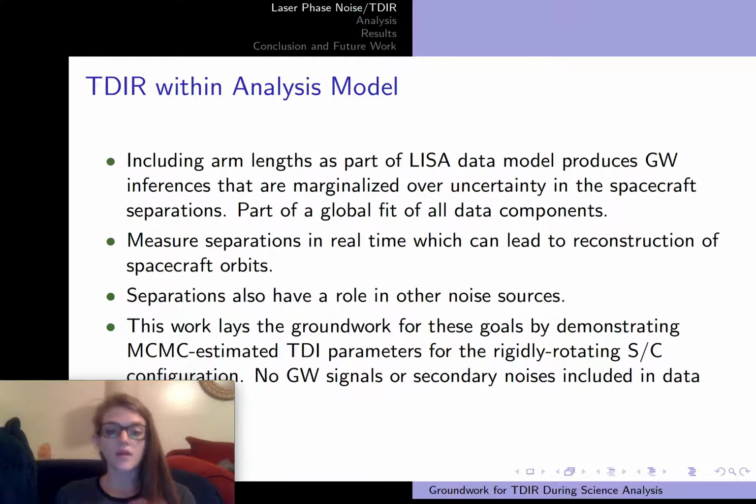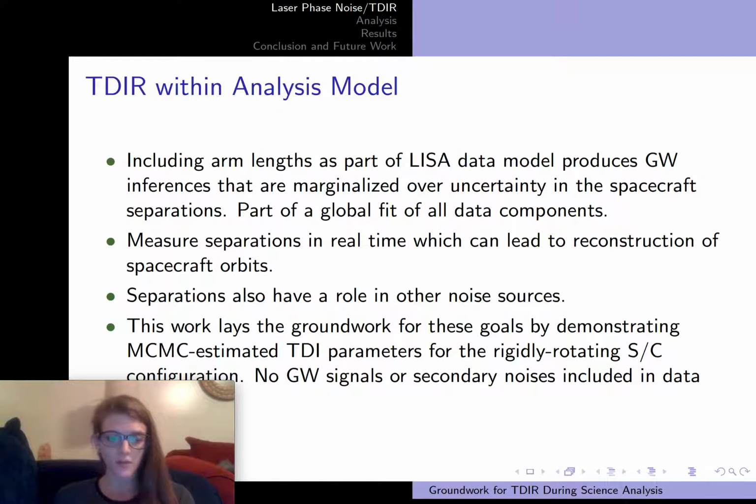They also have a role in some of the other noise sources, like the acceleration noise. So if you want to really understand those in great detail, having estimated arm lengths and their respective uncertainties could help in that.